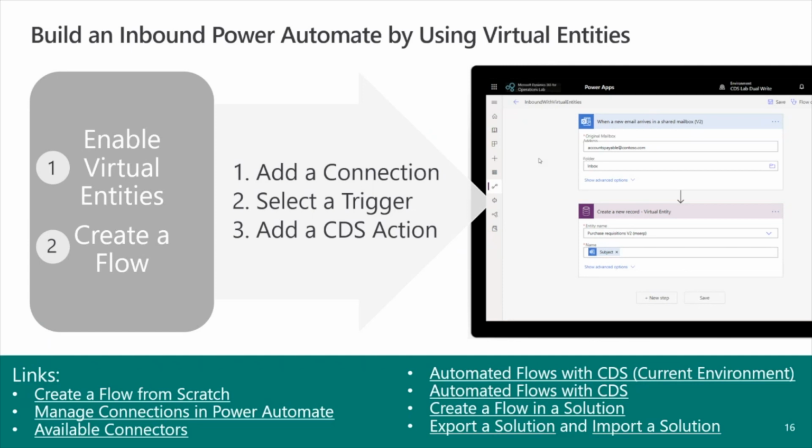There's no limit to really what you can do. The key is you need a trigger of when something happens, and then you can connect to the Common Data Service, and you'll select your virtual entity from the list just like you do any other entity, and you'll know it's a virtual entity because it will say MSERP in parentheses at the end.